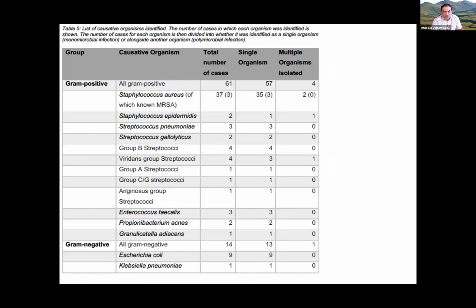As for the organisms, John already mentioned, most often found is Staph aureus, but here I can show you the other actual organisms that were grown. 61 cases had gram positives, 57% were only a single organism, and only 13 cases were a single gram negative organism.